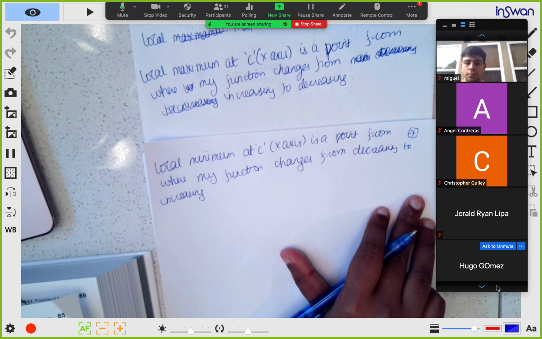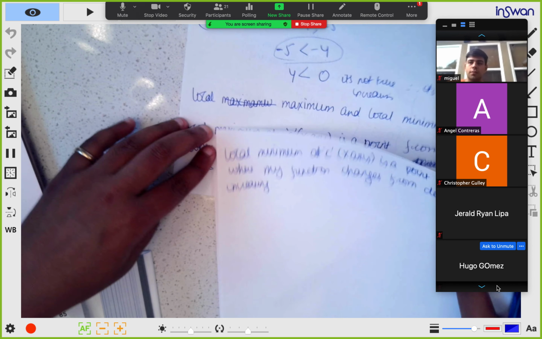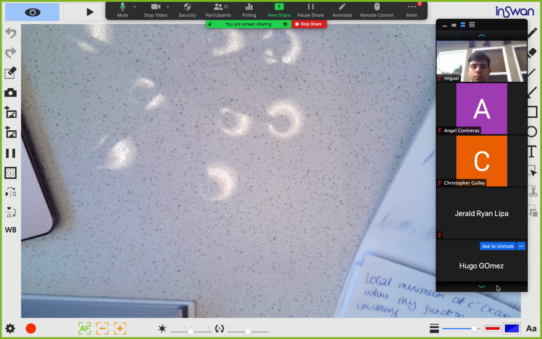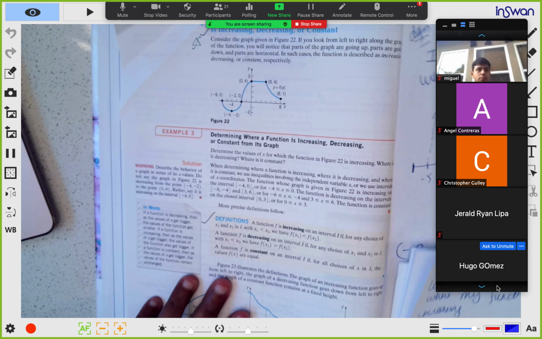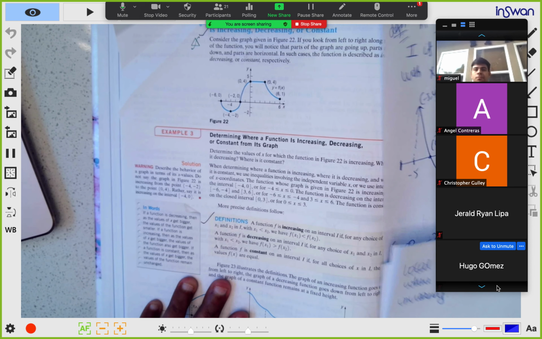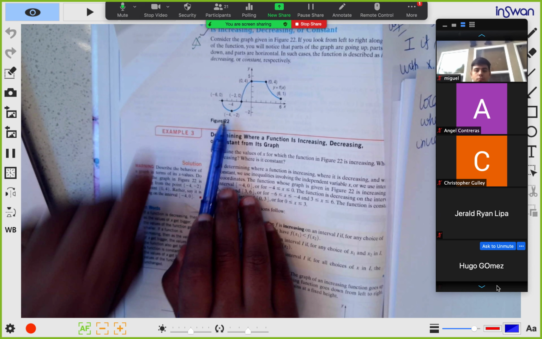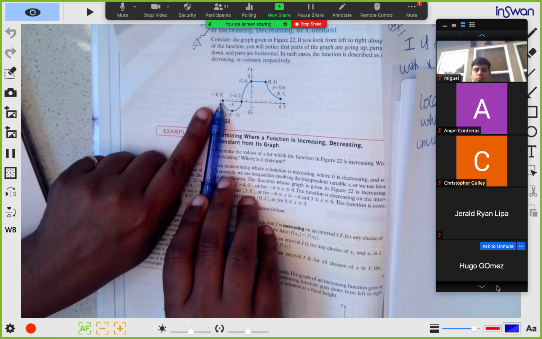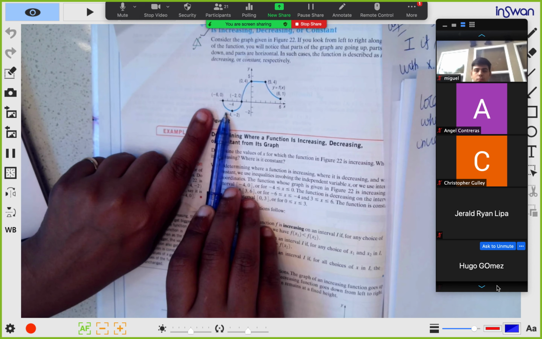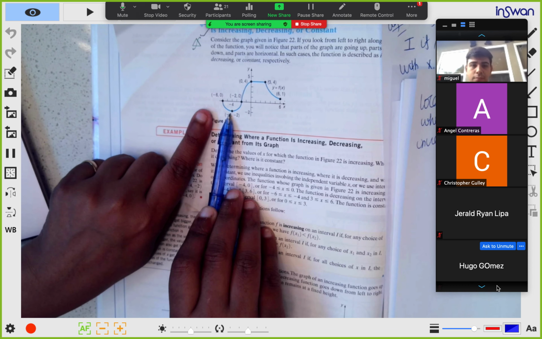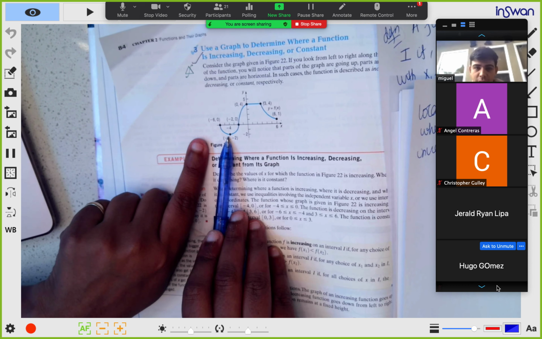Once you're done, let me take an example here, the same example we were doing before. From this point to this point, what's happening to my function? Can anyone tell me? It's decreasing.